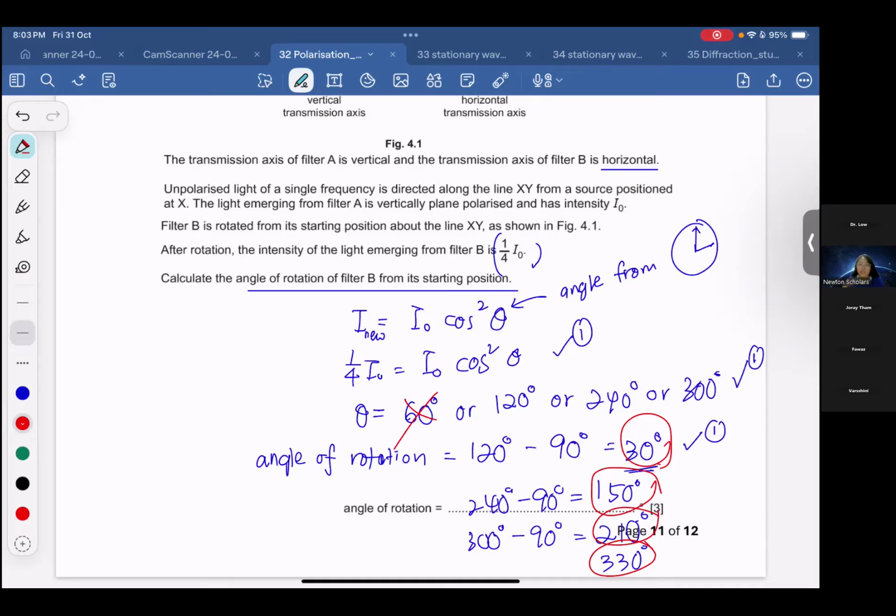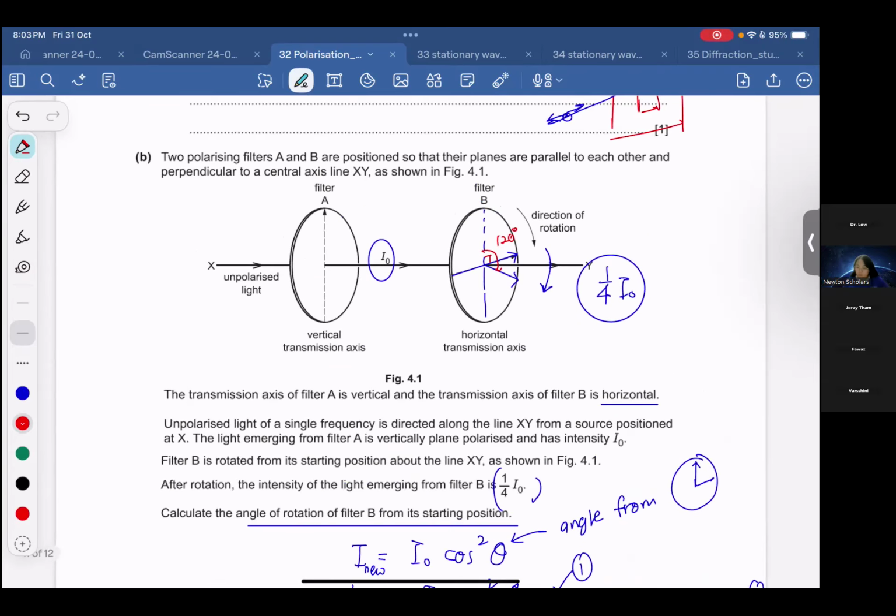So 60 degrees we cancel out. Then after that, we get 120 degrees, which also gives you the intensity of 1 over 4. But we are already at 90 degrees, so we only need to give them extra rotation of 30 degrees. So 30 degrees is our answer. It is a reference angle, so there are 4 acceptable answers.